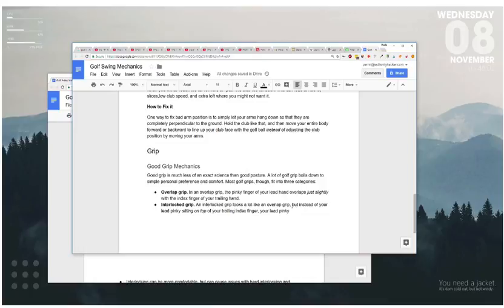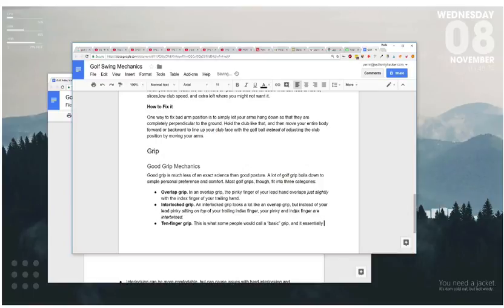Ten-finger grip. This is what some people would call a basic grip, which I know because I came across that in my research.